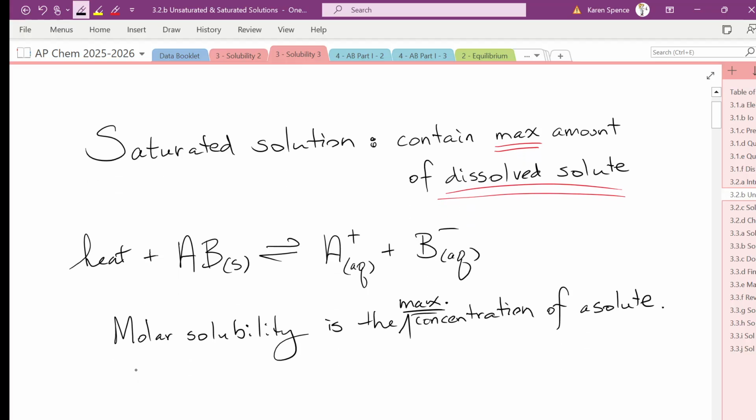So if molar solubility is the maximum concentration of a solute, and if a saturated solution contains the maximum amount of solute, then molar solubility is the concentration of a saturated solution.